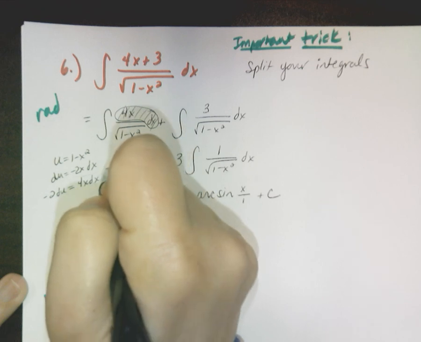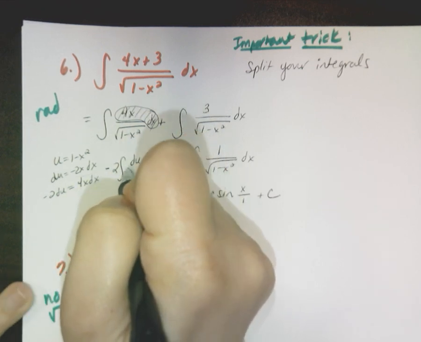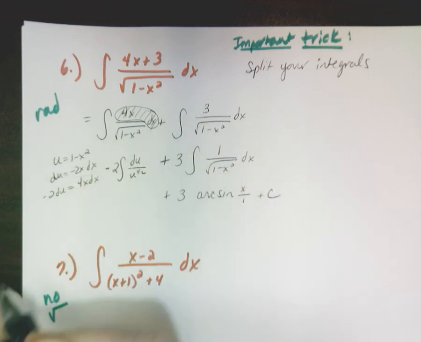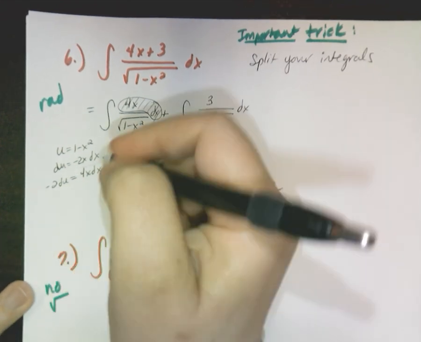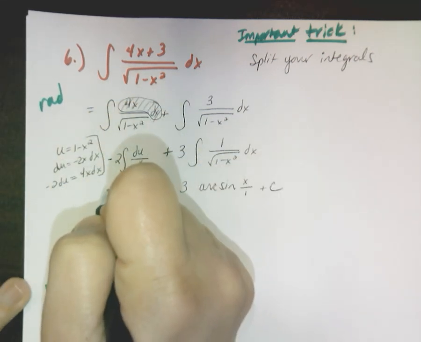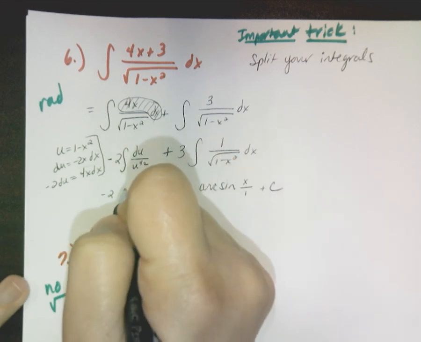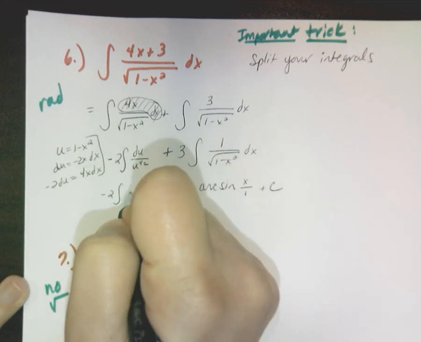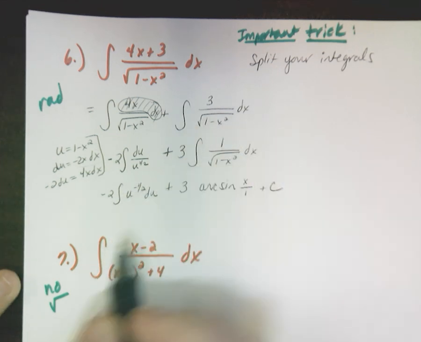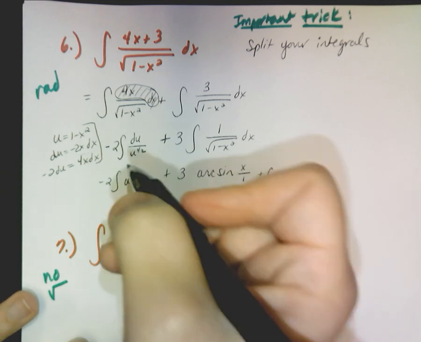So I'm going to pull that negative 2 out in front. This is the square root of u, or u to the 1/2, which is really negative 2 times the integral of u to the negative 1/2 du. And so this is just the chain rule. You just add 1 and divide.